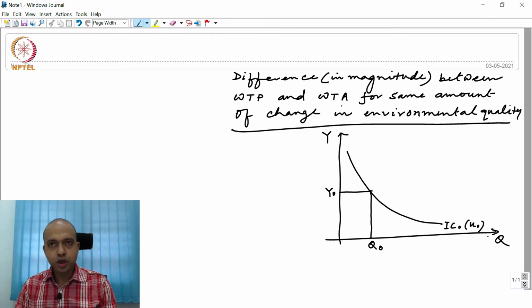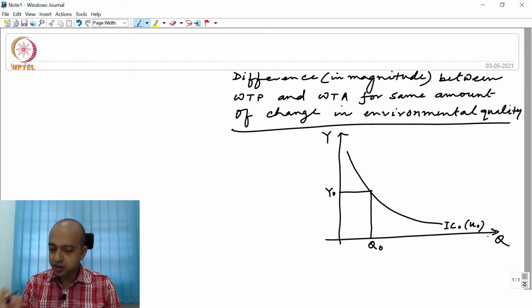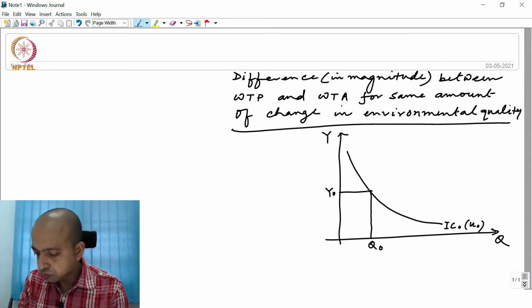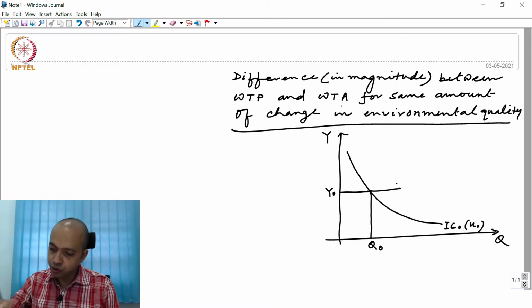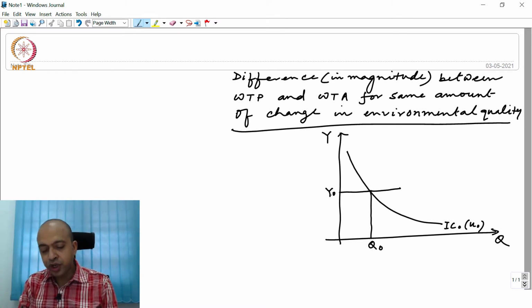Now let us assume there is an environmental quality change in a positive direction by some amount. Let us say this is the amount. So obviously when income is the same as Y0, and there is a change in environmental quality from Q0 to Q1, the individual will move on to a higher indifference curve, leading to a higher level of satisfaction.